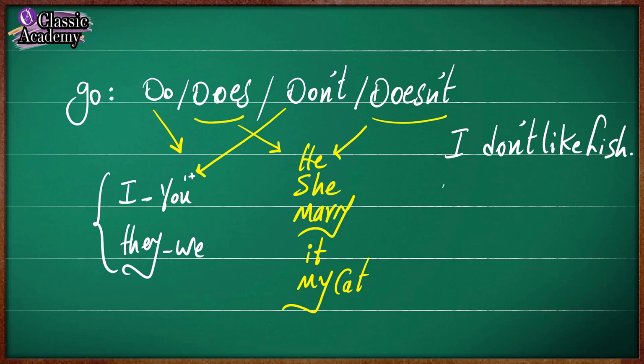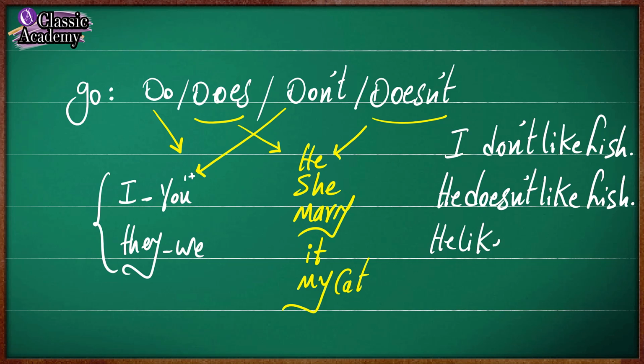Like I don't like fish. But we say he doesn't like fish. Look at it. This is very important. But we say he likes fish. When we have doesn't, we do not put this S here anymore.